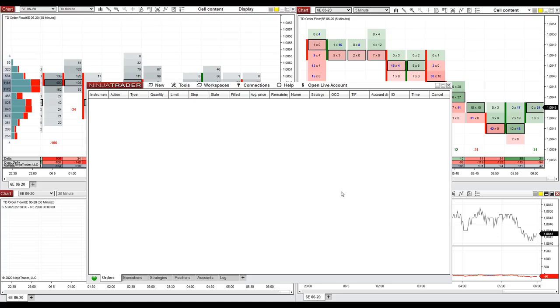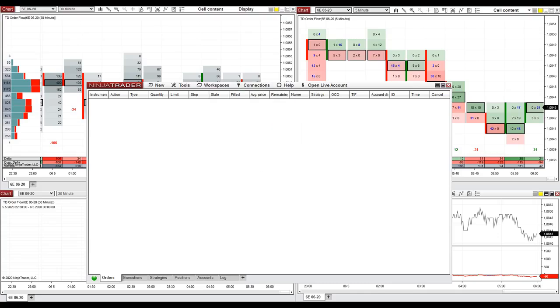Let me show you how you can use the replay. First you need to go to connections. You need to disconnect the current connection which you are using. For example, if you are using Kinetic, then there'll be disconnect. You need to disconnect it, and you need to connect to the playback connection, which you'll see in here.